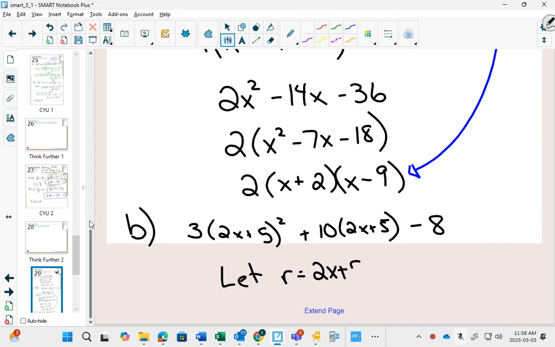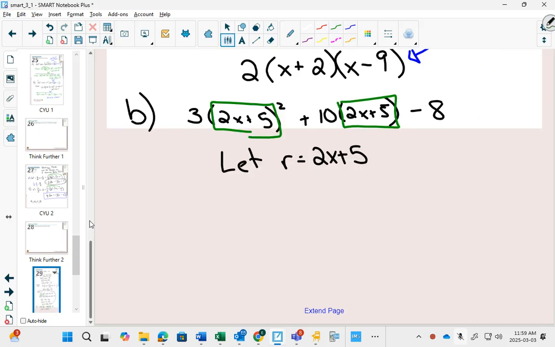So how do we know when we want to use this substitution thing? Well, first of all, the same thing has to happen in both places. We have that 2x + 5. Then when I put it in, now I have 3r squared + 10r - 8.